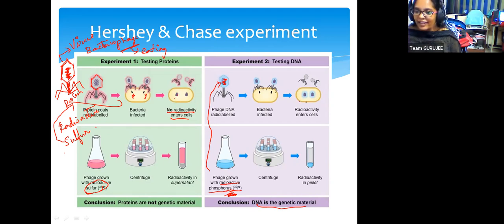But in the second experiment, they saw radioactive substance inside the bacteria. So they concluded that proteins are not the genetic material, DNA is the genetic material. By this experiment and the earlier experiments, the concept is confirmed. Got it?